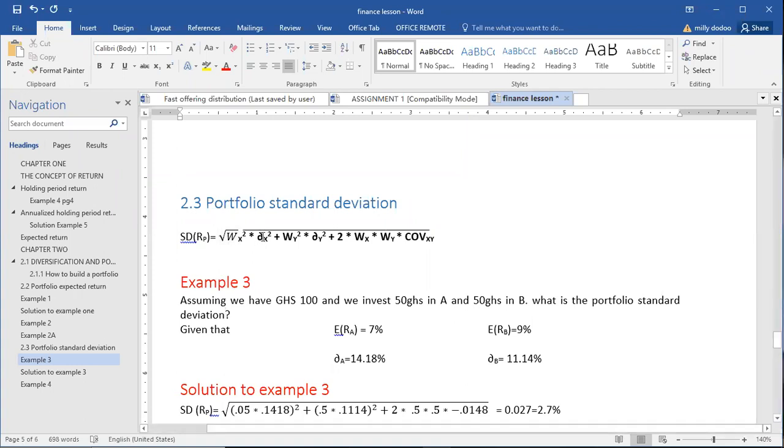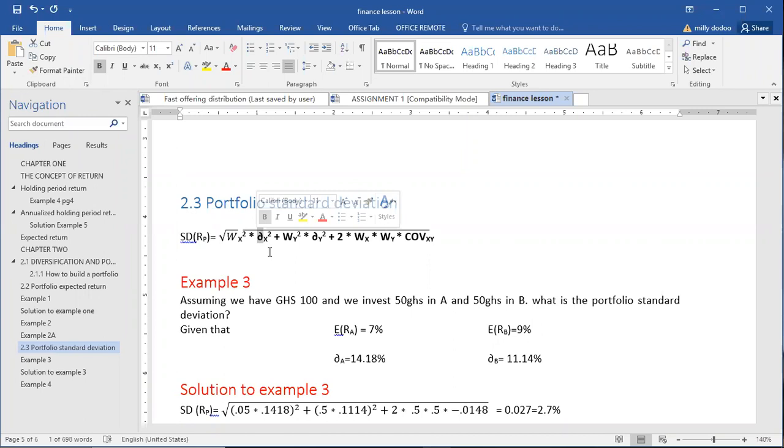This symbol you are seeing here is the standard deviation symbol. If you cannot draw that symbol, just write SD. This symbol is like 6 that you turn to the opposite side. If you cannot type that symbol, just write SD.